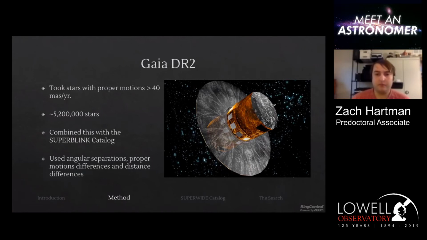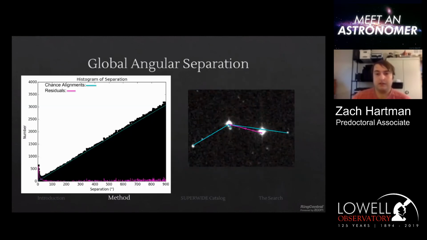We used angular separations, proper motion differences, and the differences in distance between the different stars in our catalog to figure out which pairs were most likely to be real gravitationally bound binaries. I'm going to walk you through how we did the angular separations portion. If we go back to the picture from before the blinking, which is now on the right, I've drawn several lines.